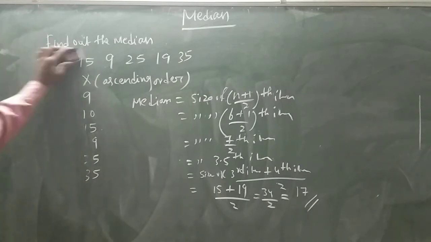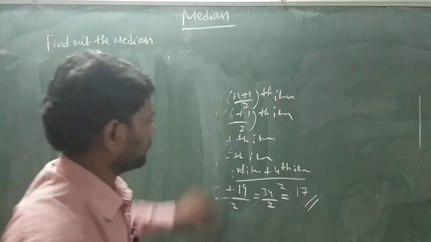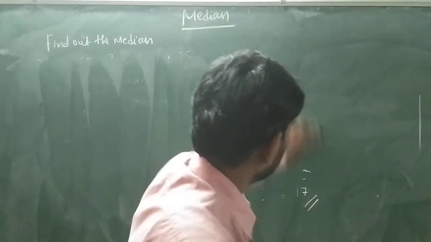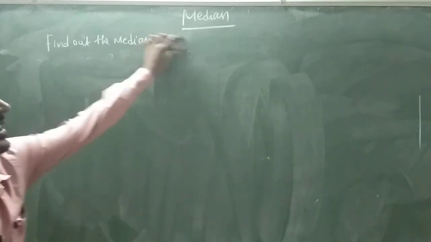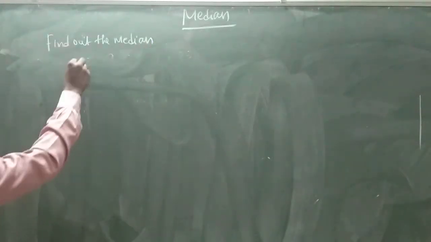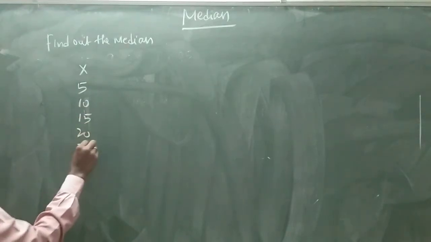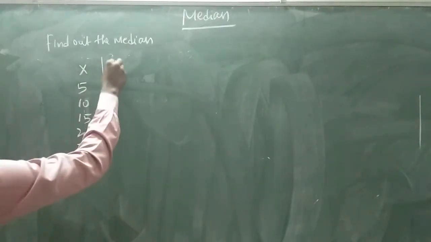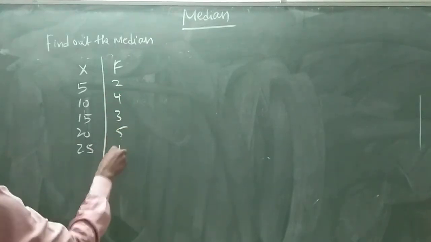So next one is discrete series. X: 5, 10, 15, 20, 25. Then F: 2, 4, 3, 5, 1.